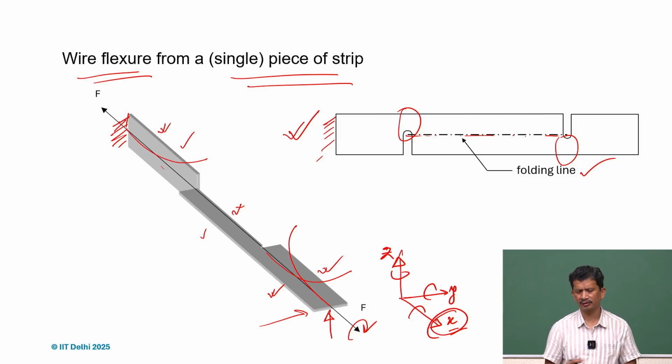So it will be much better than a wire flexure, and it's easy to manufacture also, because we can take any sheet metal and just stamp it and fold it, and then we can easily either weld it or clamp it. So we have area to work with, and it's definitely easier fabrication-wise and assembly-wise.